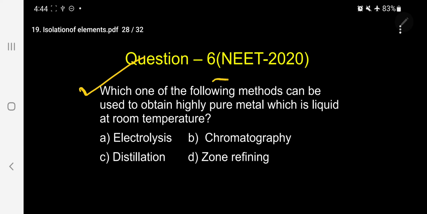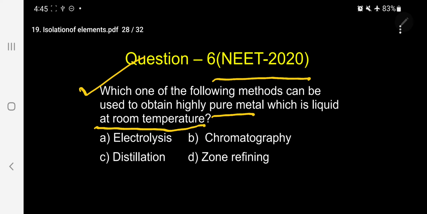This question was asked in 2020. Which one of the following methods can be used to obtain highly pure metal which is liquid at room temperature? Please follow, metal liquid at room temperature. Answer is with you now. Which is the metal liquid at room temperature?